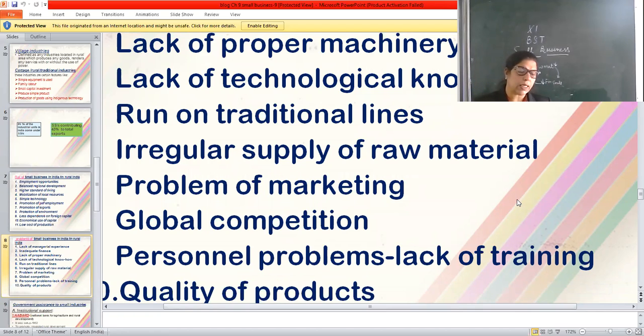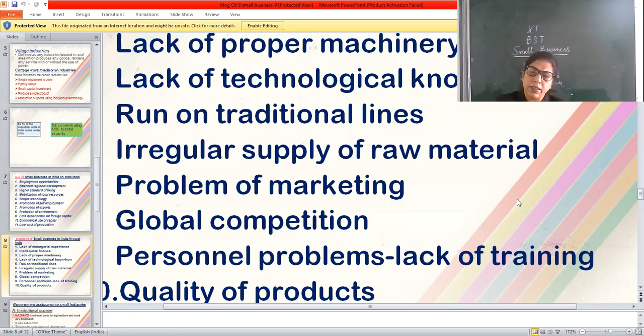Big industrialists can appoint marketing professionals, highly qualified IIM students, highly qualified marketing management professionals, those who have good marketing skills. They know how to launch the product, they know how to increase the sales volume. But the main problem with the small scale is they are having the problem of marketing. They don't have sources of finance to pay the highly qualified workers. So they don't have marketing skills.